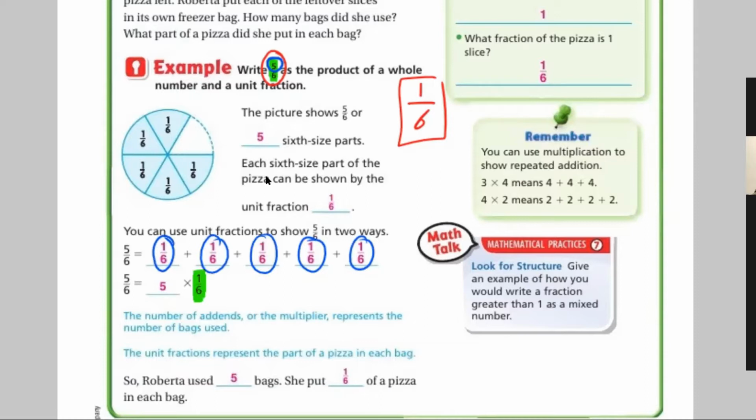And how many times is it repeated? Five times, so you have to multiply by 5. In another way, multiply the numerator, which is 5 in this case, by the fraction 1 over 6. That's the meaning of multiples of a fraction.